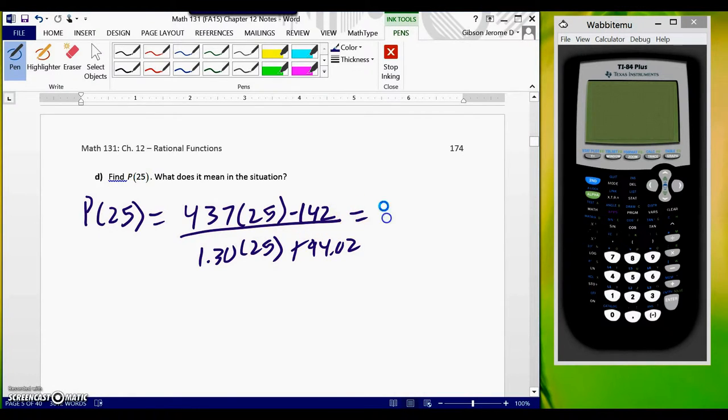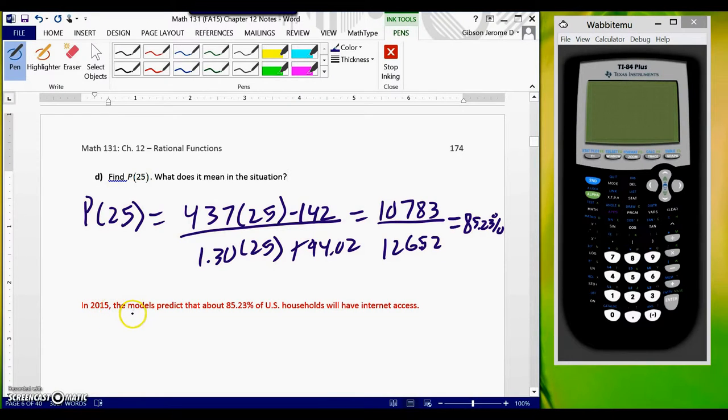And that would equal 10,783 all over 126.52. And that will give us 85.23%. So what this means is in 2015, the models predict that about 85.23% of U.S. households will have internet access.